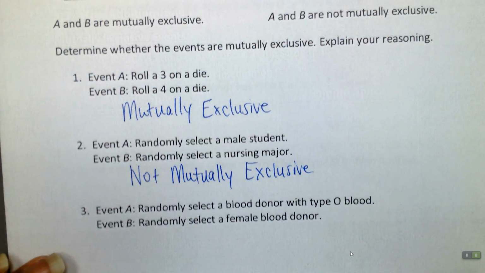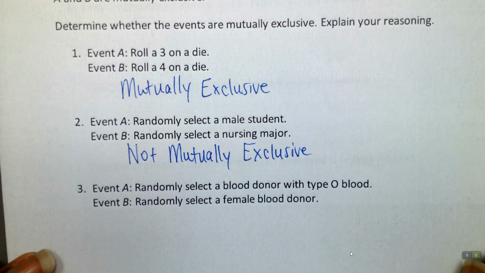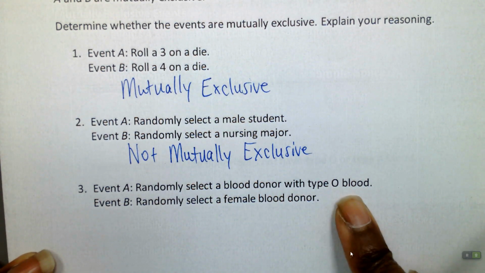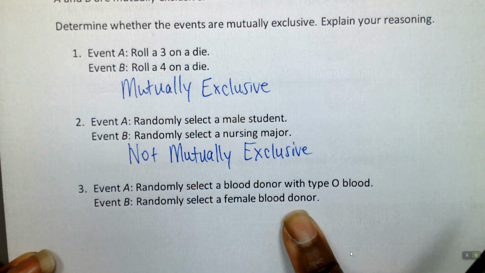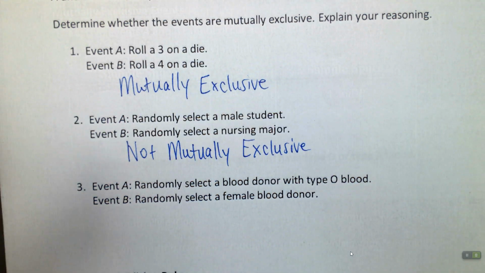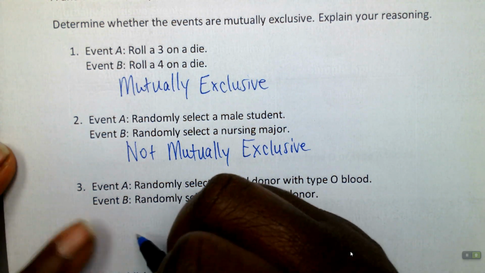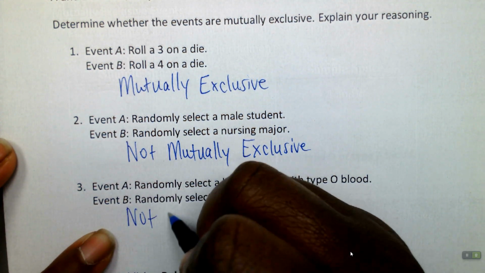Okay, last one. Randomly selecting a blood donor with type O blood. Randomly selecting a female blood donor. So I'm randomly selecting one person. Can this one person be type O and female? Correct.